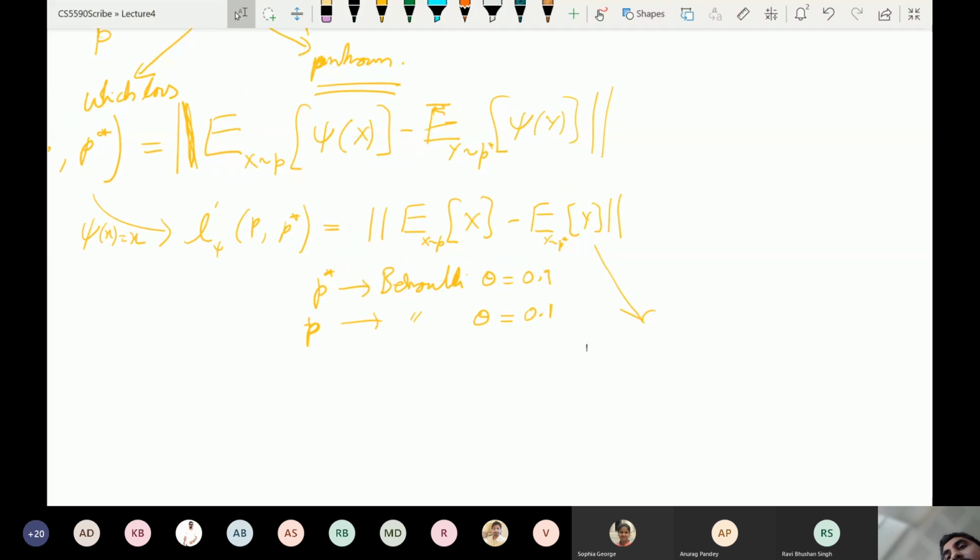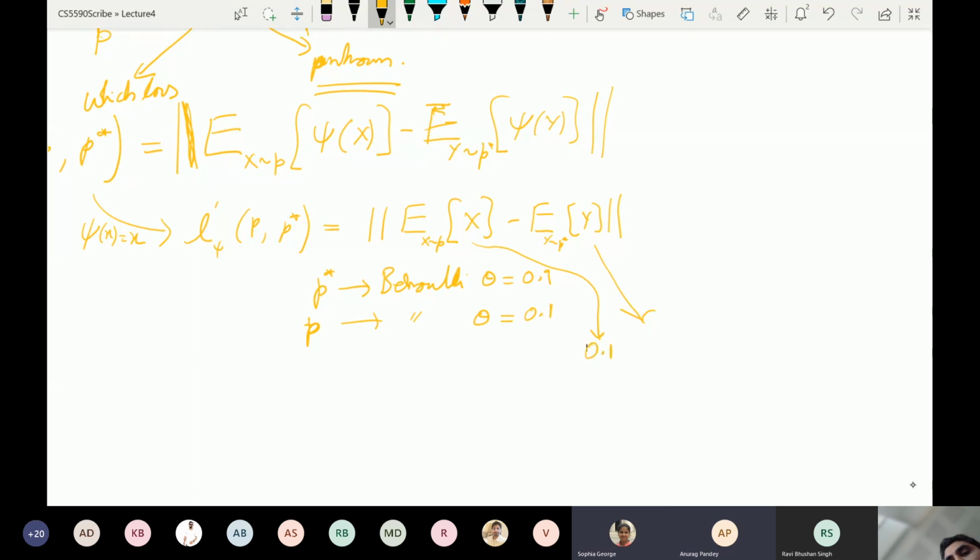Everybody recalls Bernoulli random variable, right? What values does the Bernoulli random variable take? 0 or 1. So what is expectation of x if the distribution is p? P itself, if that is the probability of 1.